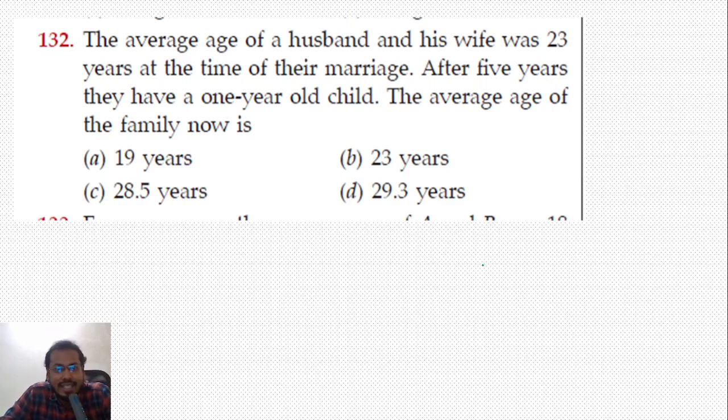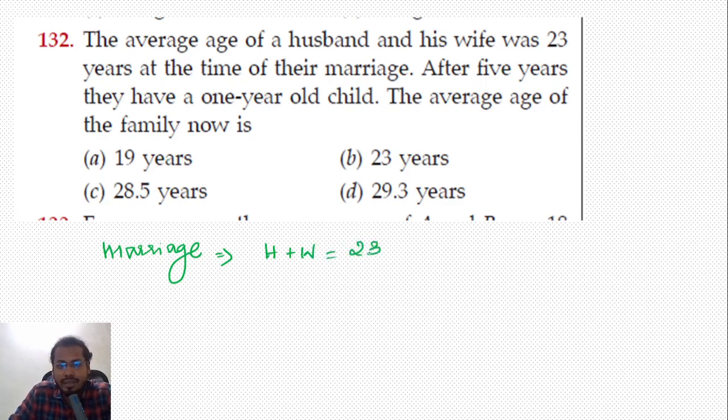Okay, the average age of a husband and his wife was 23 years at the time of their marriage. After 5 years, they have a 1-year-old child. The average age of the family now is what? So, at the time of marriage, husband and wife, average is 23.